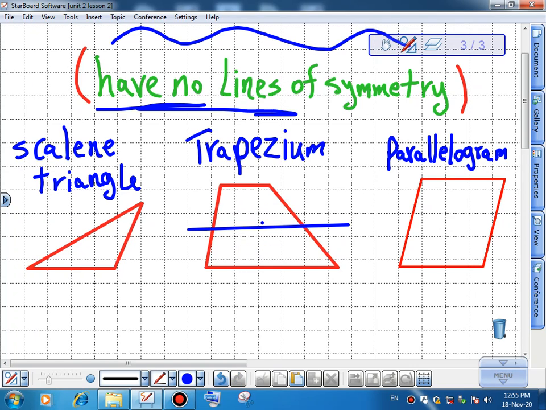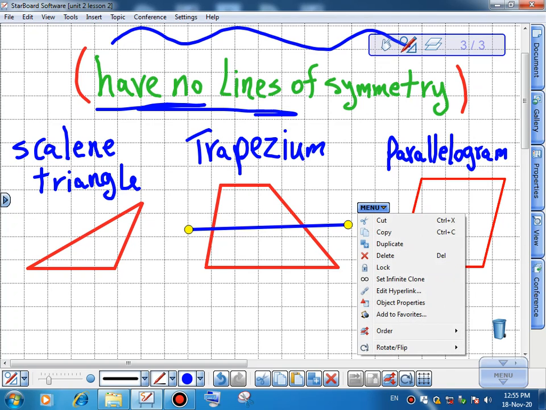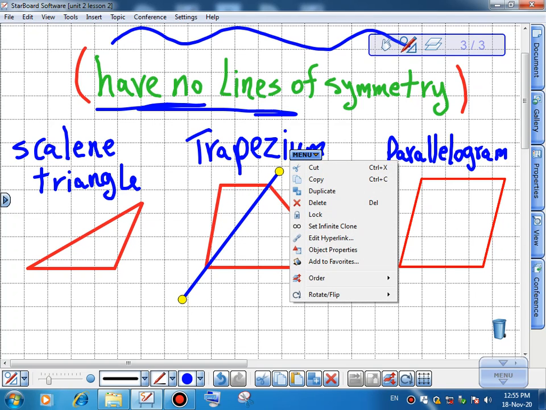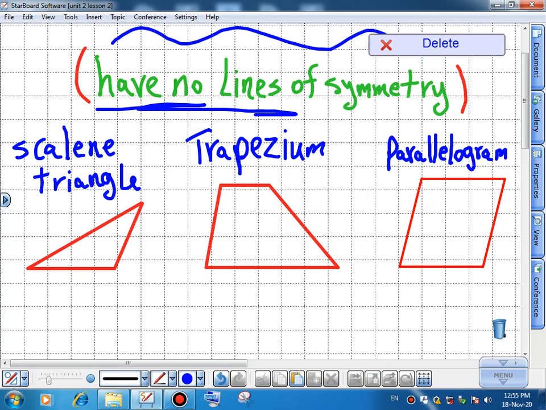So this line is not a line of symmetry. If I try this line, this triangle is also not like this triangle. So the trapezium, not the isosceles, only the trapezium, has no lines of symmetry.